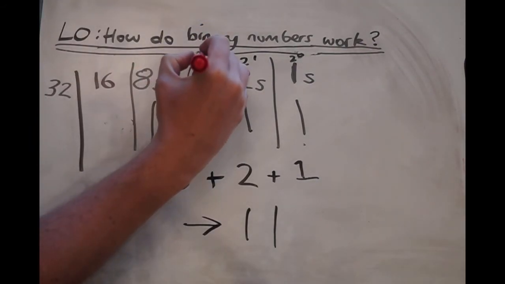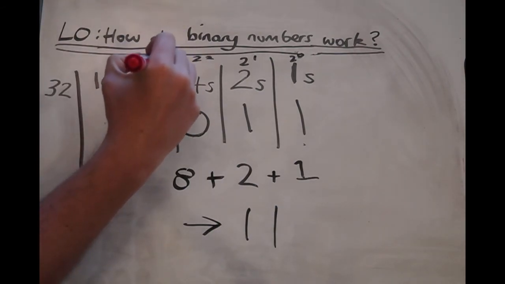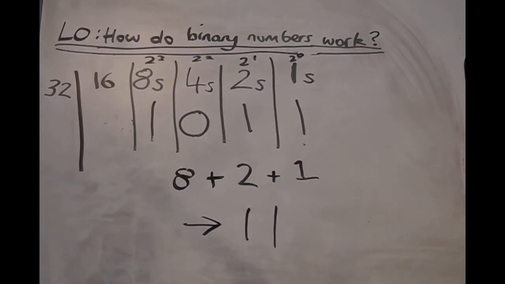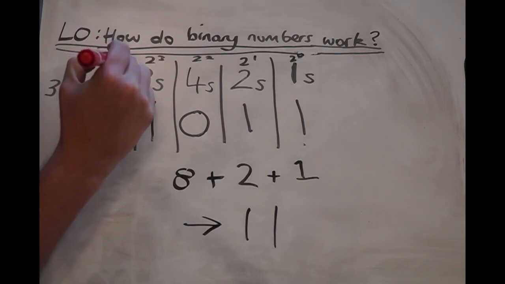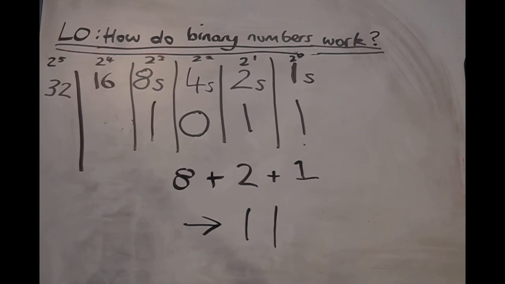This is 2 to the power of 2, which is 4. This is 2 to the power of 3. This is 2 to the power of 4. And this one over here is 2 to the power of 5. And of course it doesn't stop at 32. You can carry on extending your binary numbers, so we go from 32 to 64, 128, 256, and so on.